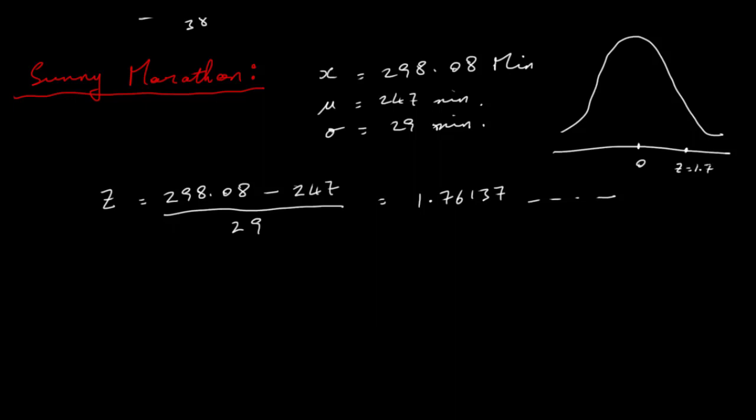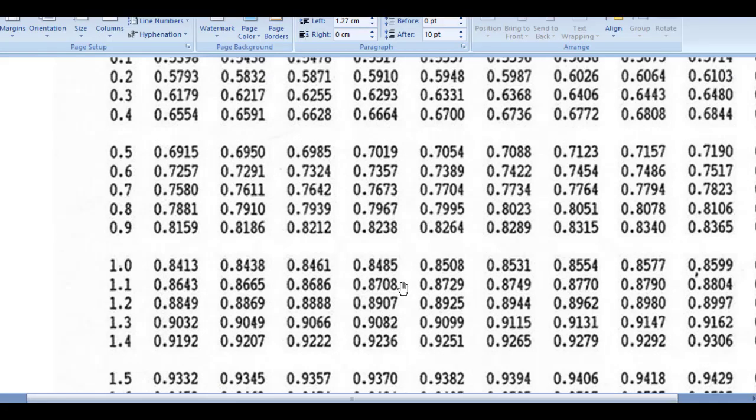Z is equal to 1.76, let's say. So we've got to work out her position. First, we work out the percentage of people down around here. All we've got to do is look up this value, 1.76, in our tables. That'll give us the probability of finding someone who appears in this part of the table here.